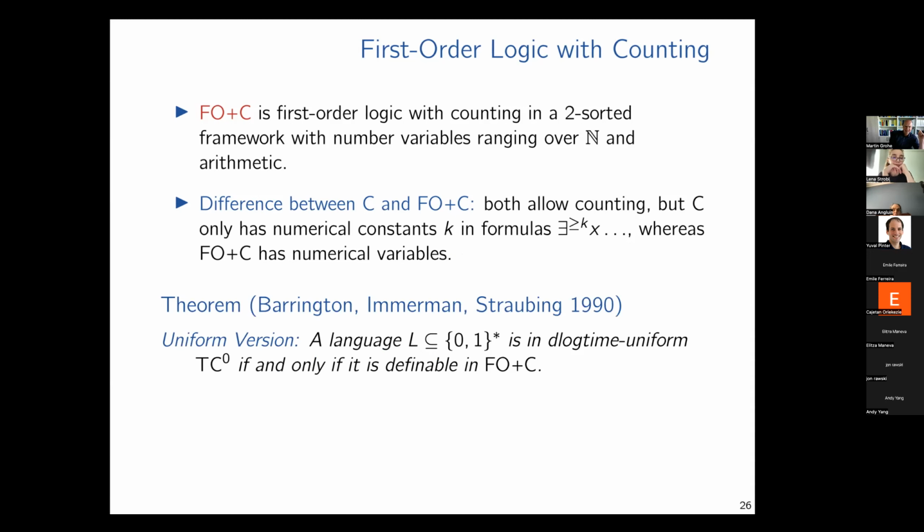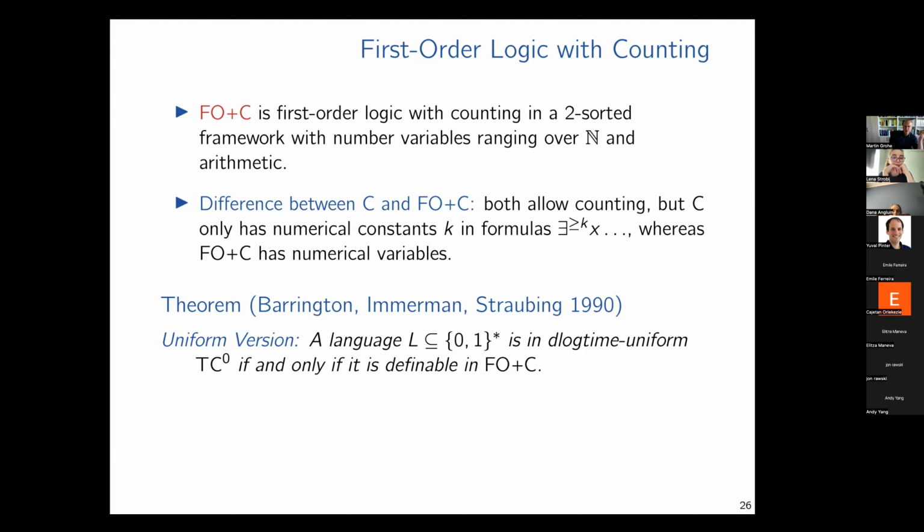Okay, and there's a nice result going back to Barrington, Immerman, and Straubing. It's not from 1990, it's more 1998 or something. I got this wrong. Anyway, it has two versions.